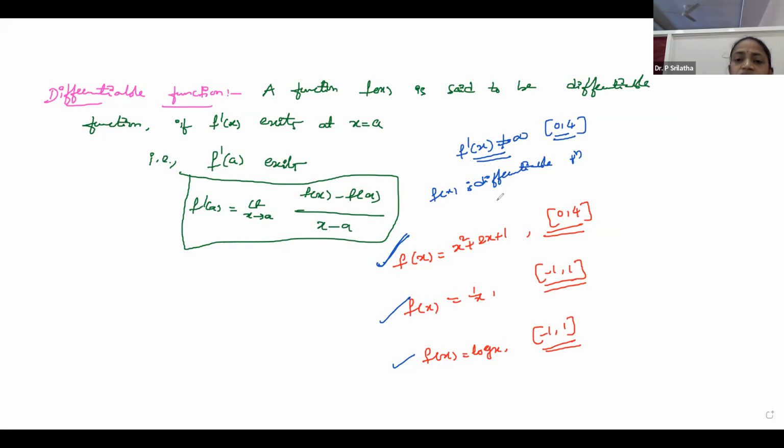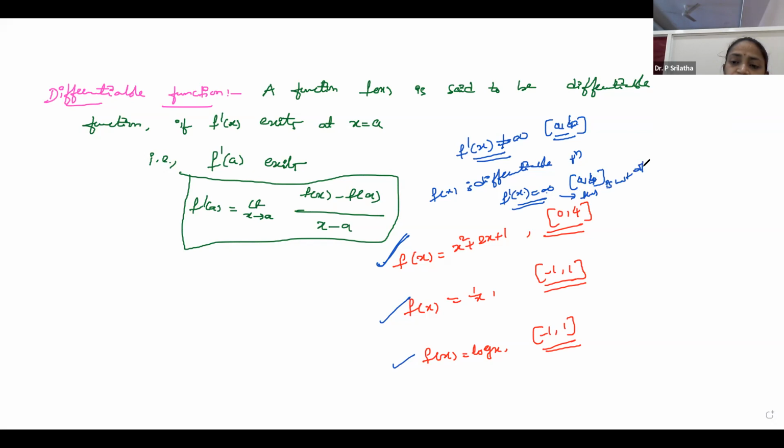Within the limits, within a comma b, if f dash of x is not equal to infinity, then the function is differentiable. If the differentiation of that function is equal to infinity, then we can say that f of x is not differentiable.